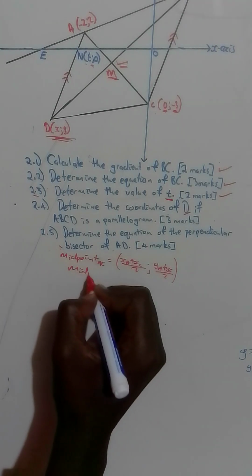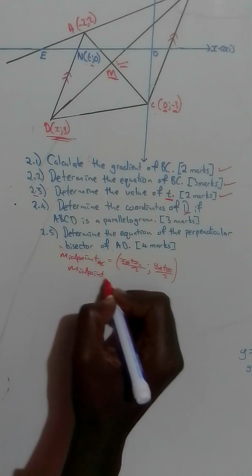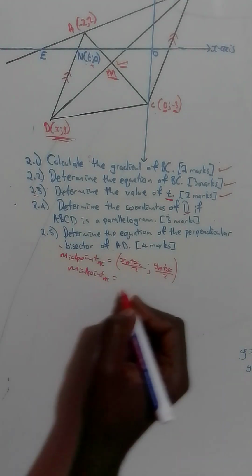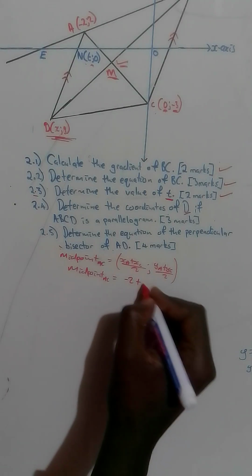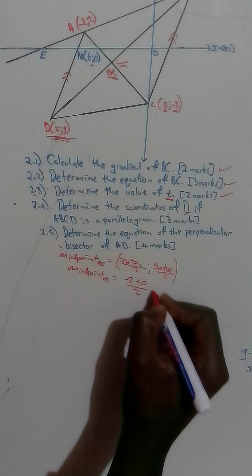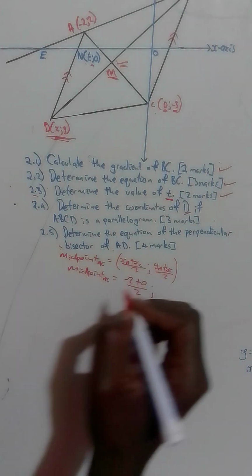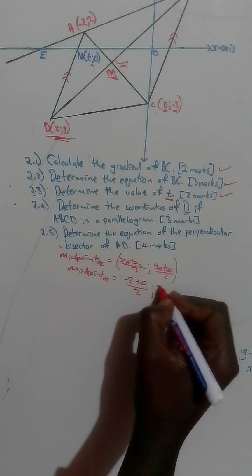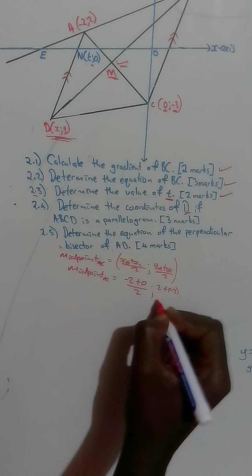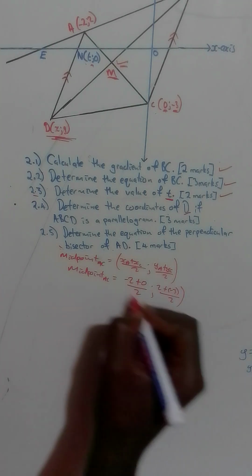Now midpoint AC is equal to, my X at point A is -2 plus my X at point C is 0 divided by 2, and then my Y at point A is 2 plus my Y at point C is -3, so I place it inside the brackets.